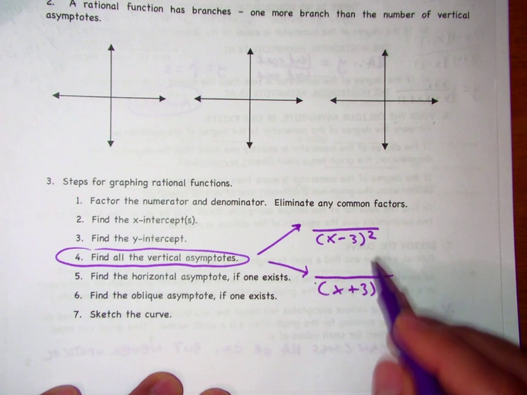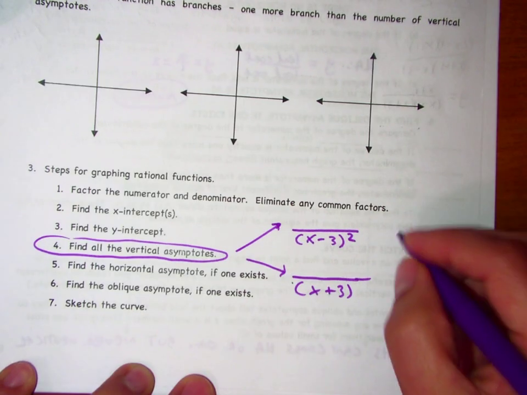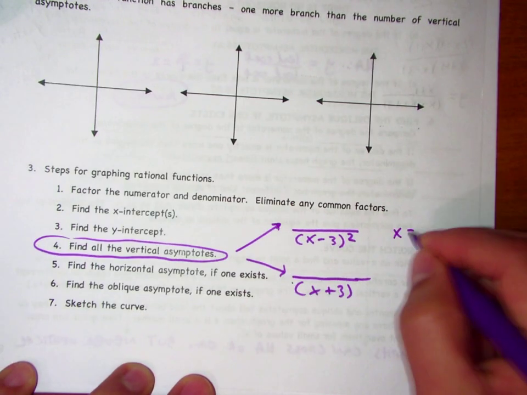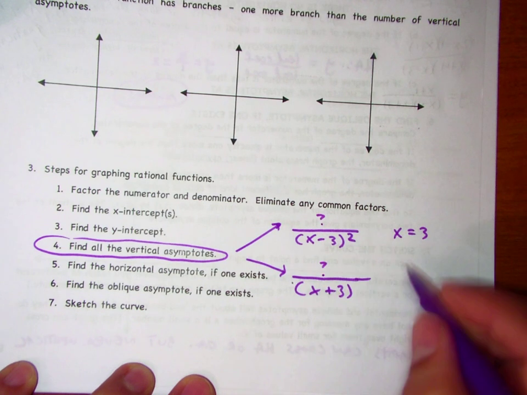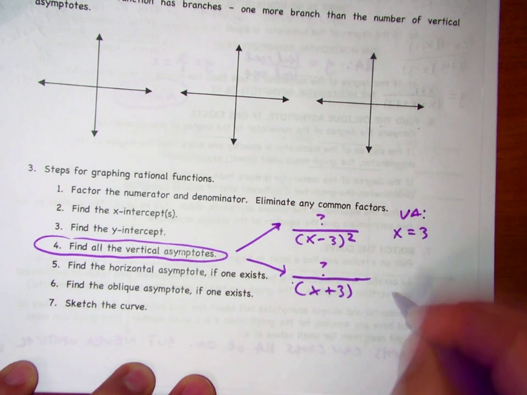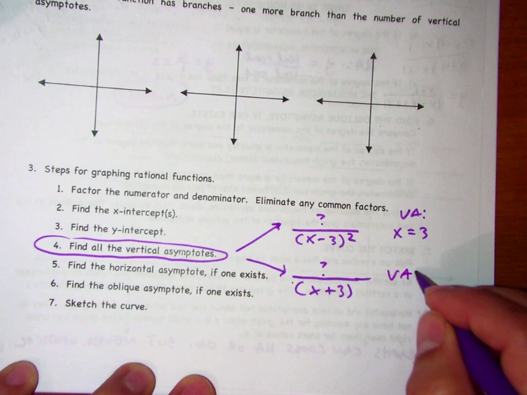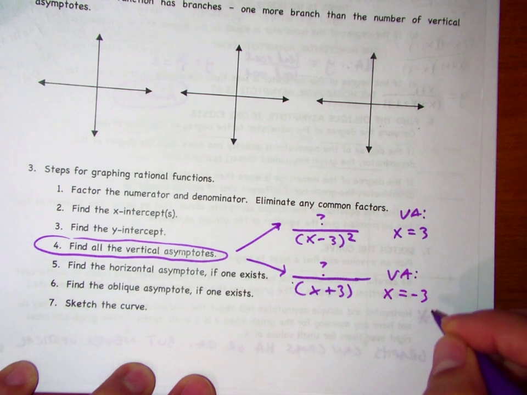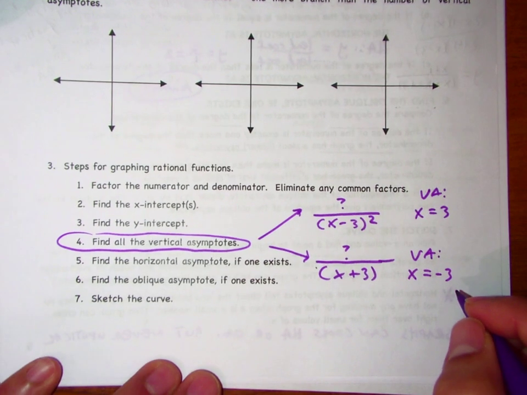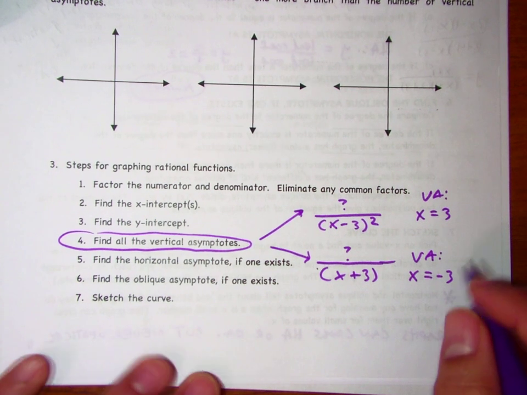So here we would have a vertical asymptote of x equals 3. I'm not even going to fill in the numerator. Doesn't matter what's up here. Here we would have a vertical asymptote, if you set the denominator equal to 0, of x equals negative 3. Now the difference is what's happening at those asymptotes.